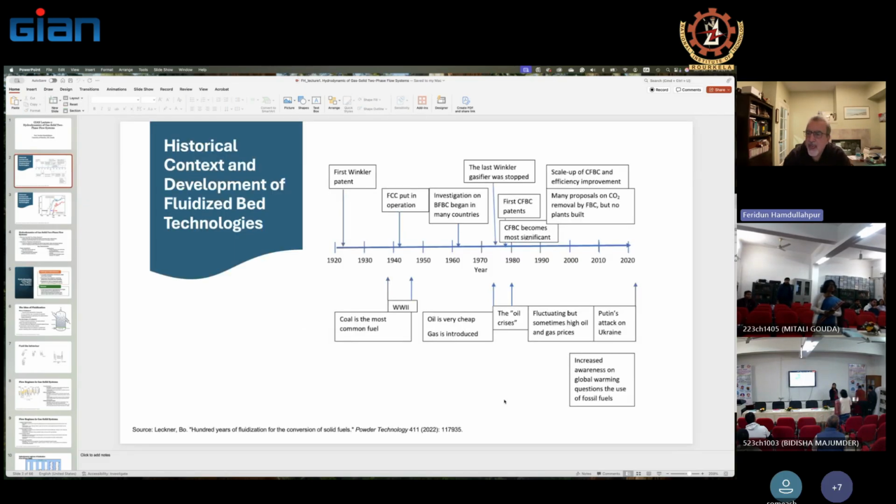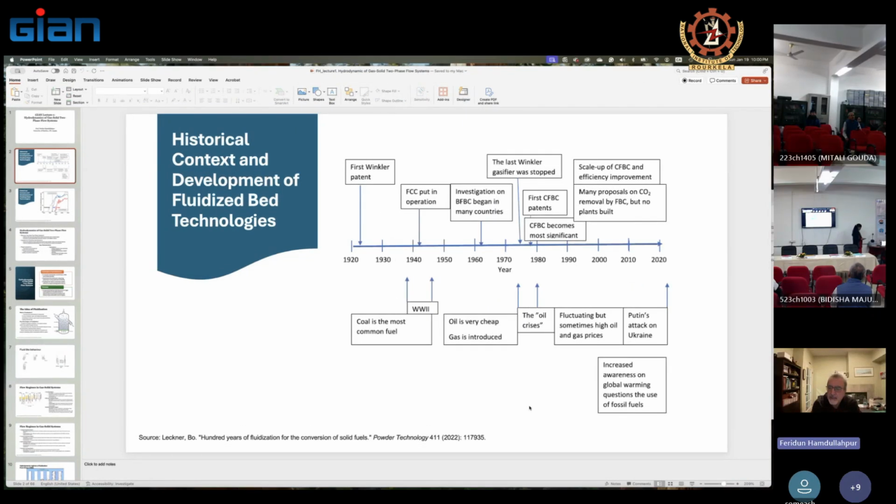Before I show you a little bit of historical development, I should also mention that it is very common that we call a gas solid two phase or gas liquid or liquid solid two phase. They are not the same phase of the same substance.